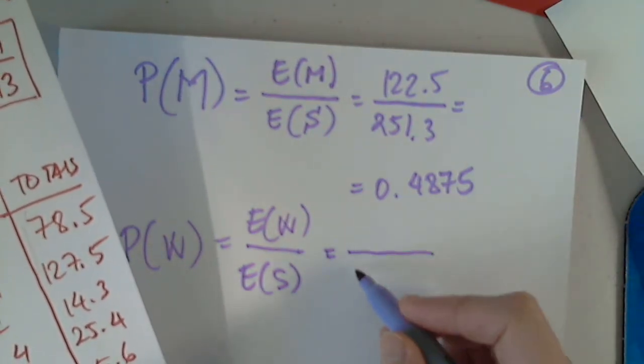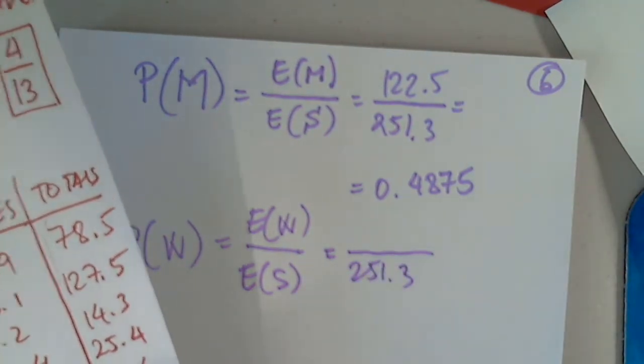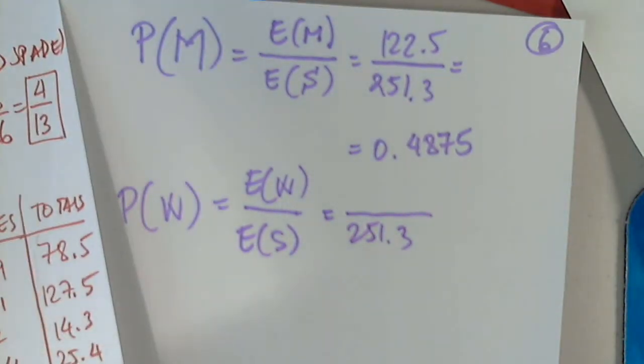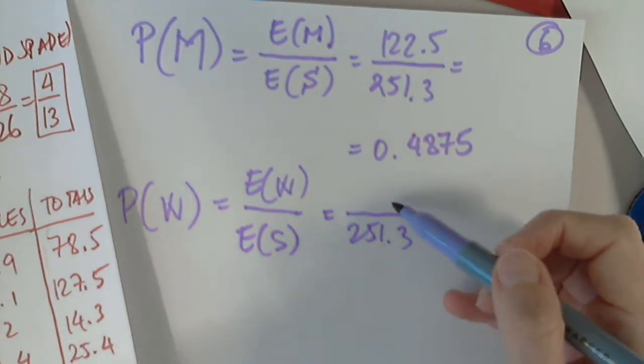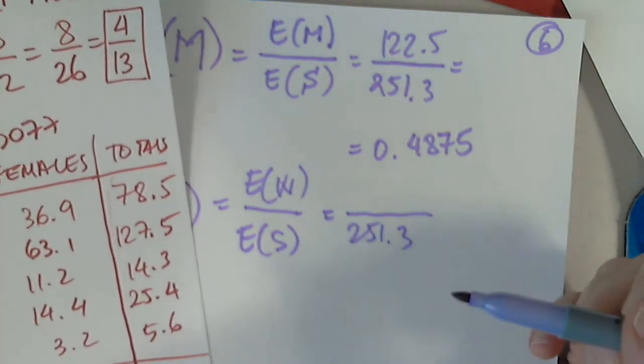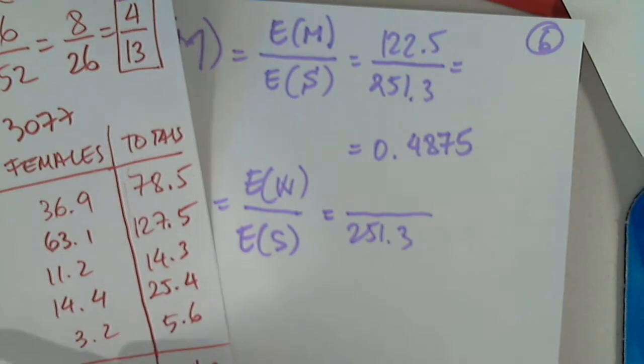We know that the total is 251.3, but how many are widowed in the study? I'm sorry. So how many are total? We have the total, how many are widowed? 3.1.